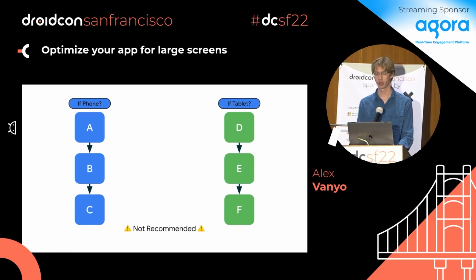So the main issue here is that there isn't going to be a static answer. On a foldable device, an app might be displayed on the inner screen, and then when they fold it, it'll be displayed on the outer screen, and you might switch between which navigation you're trying to display at any given point. And same thing in a desktop environment, a freeform resizable app might have that exact same issue.